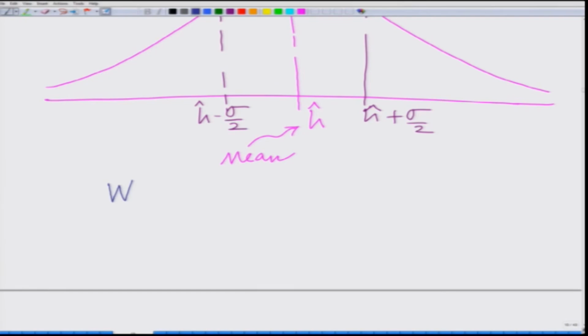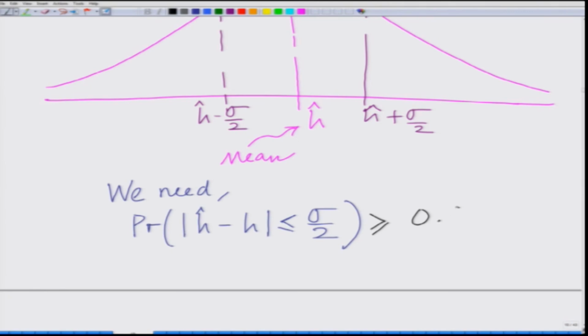So for our given degree of reliability, we need the probability that magnitude h hat minus h is less than or equal to sigma by 2 to be greater than 0.9999. Okay, this is what we need.